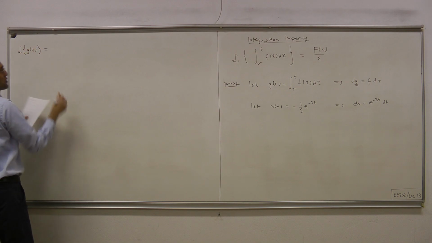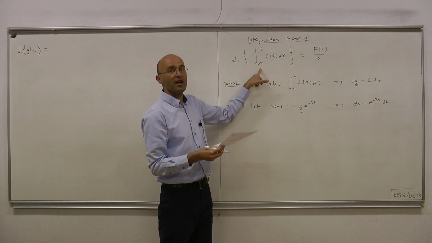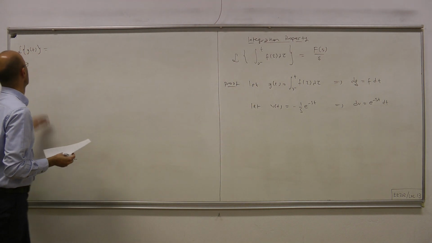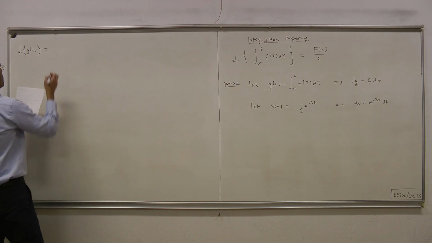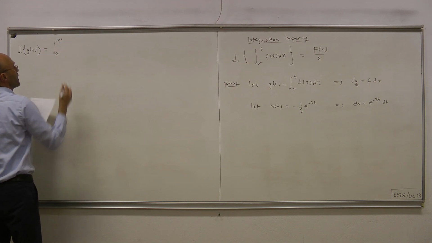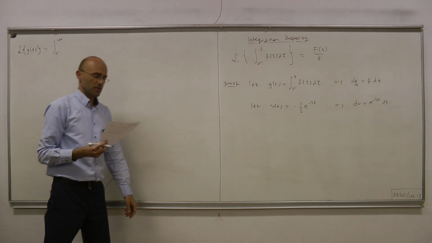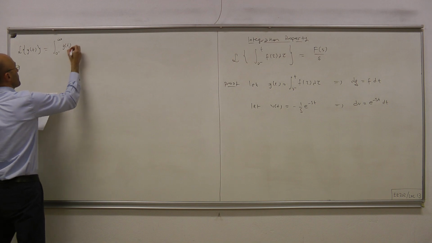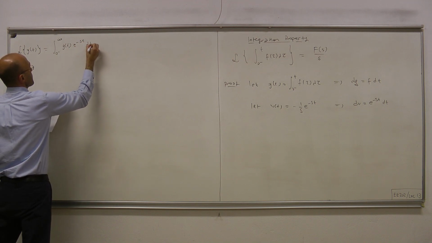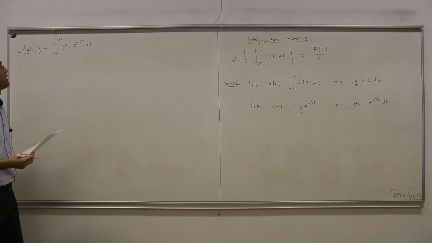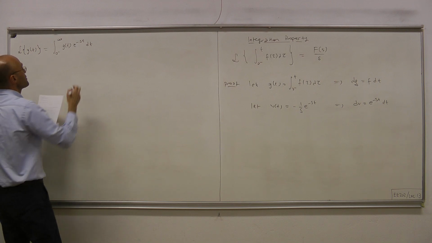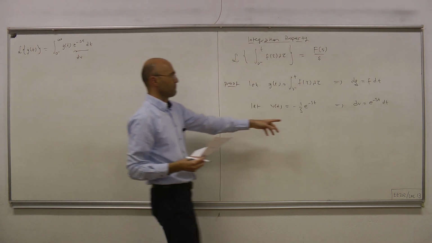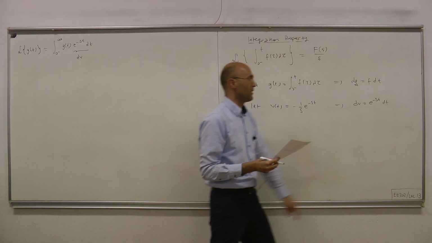Remember that this thing is now what we're calling g of t, the integral of f of t. Now L of g of t equals, applying the definition of the Laplace transform, this integral of g of t e to the minus st dt. Let's call this part here dv, because we already defined it as such.